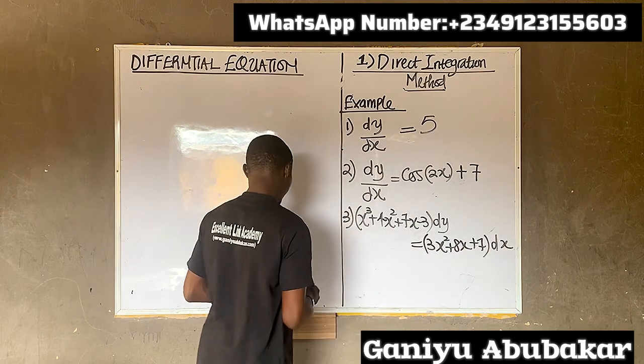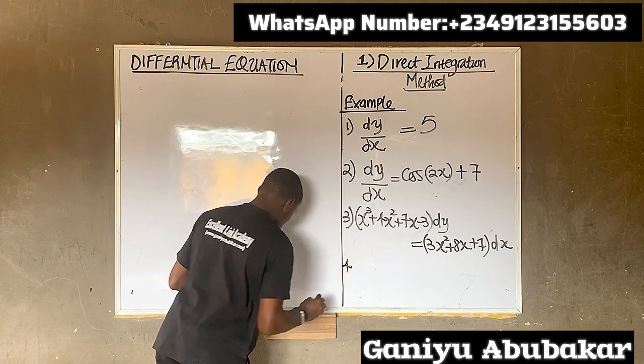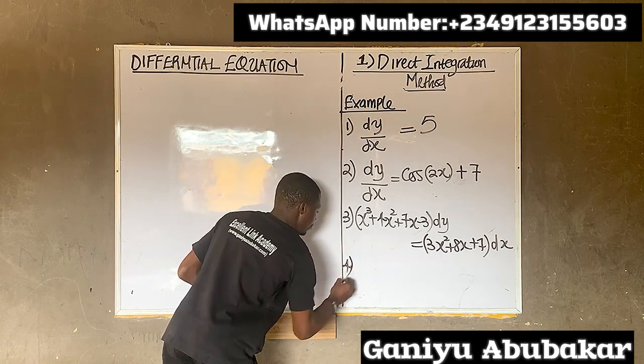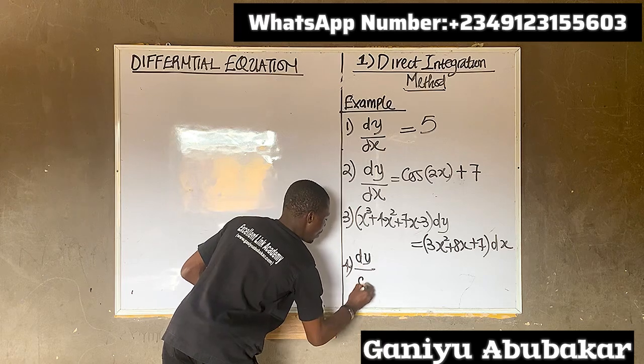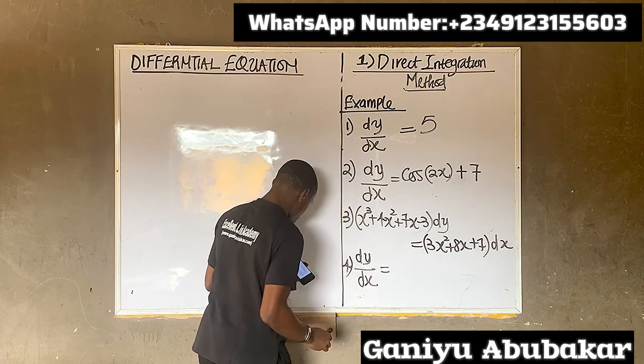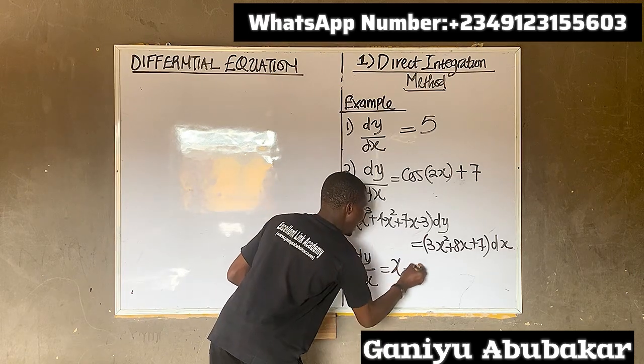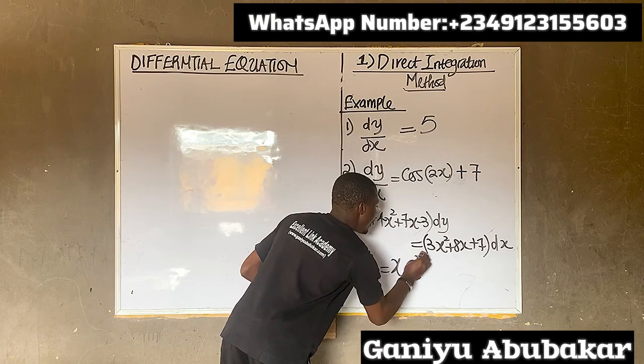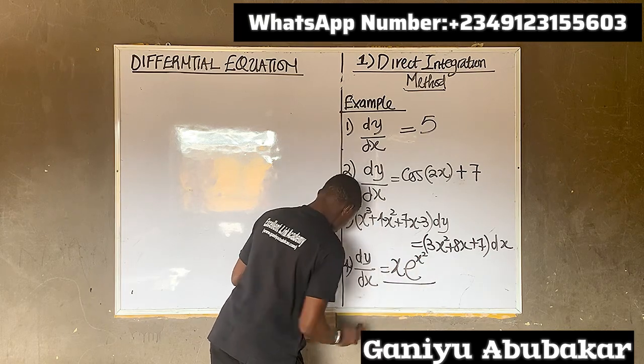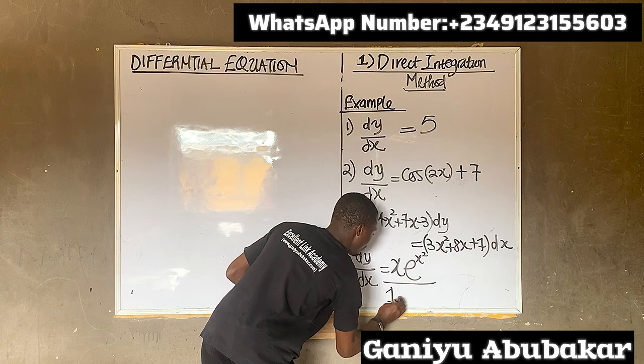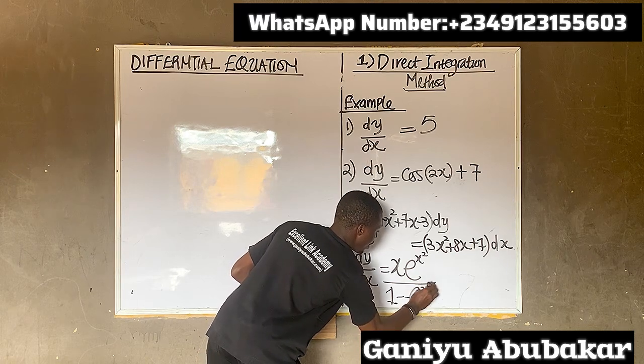Question number four, I have dy over dx is equal to x exponential x squared all over 1 minus exponential x squared.